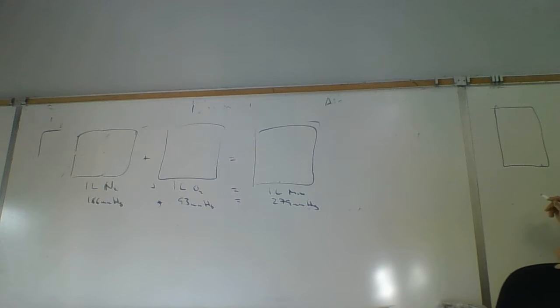Well, what can you tell me about this? This is going to be some liters of nitrogen. I can tell you what the pressure is going to be easily. What is the pressure going to be? 279.